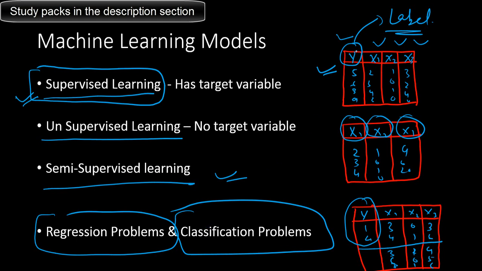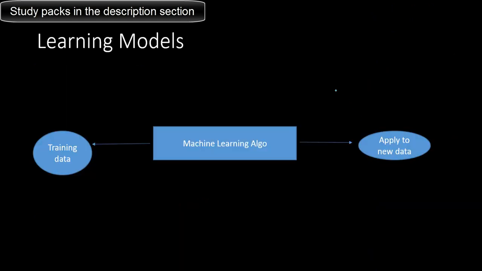So this is a typical case of a regression problem, because the target variable is continuous. Whereas had it been just 0, 1, 0, 1 or something like that, it would have been categorical, right? So that's a classification problem.